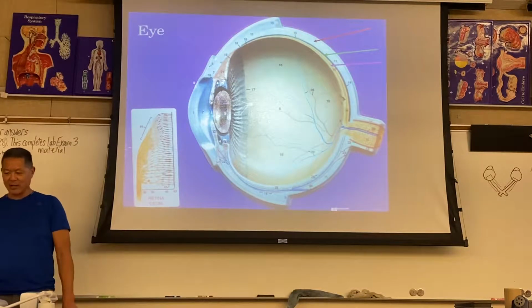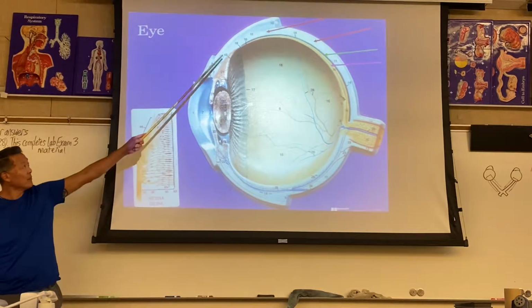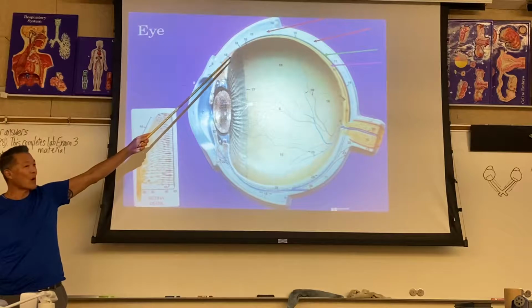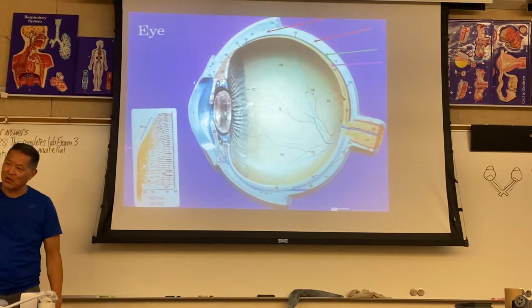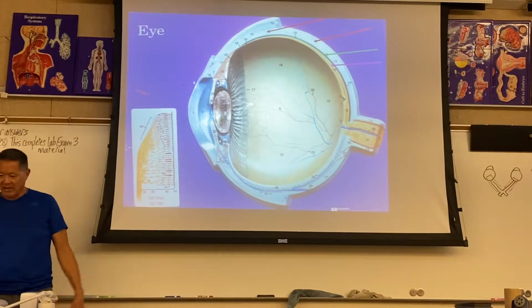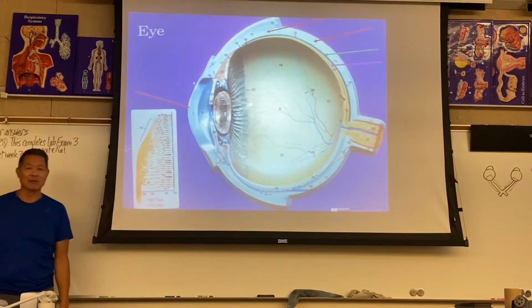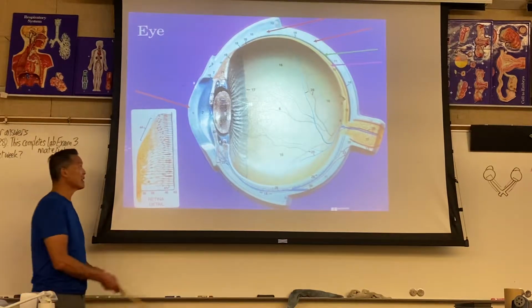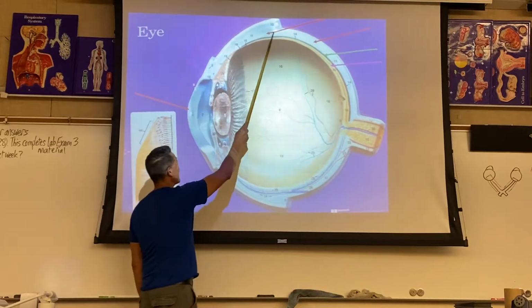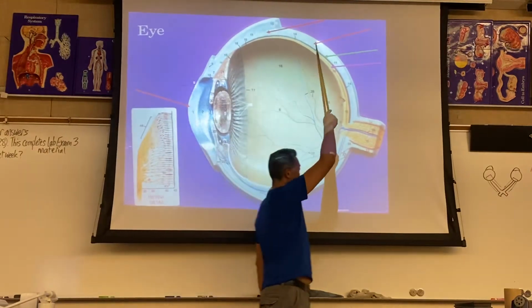The scleroid coat is made up of the sclera, which is the white of the eye, which is what all those extrinsic eye muscles were inserting on, and the cornea, the clear part. It's A plus B equals C. Cornea plus sclera equals scleroid coat.